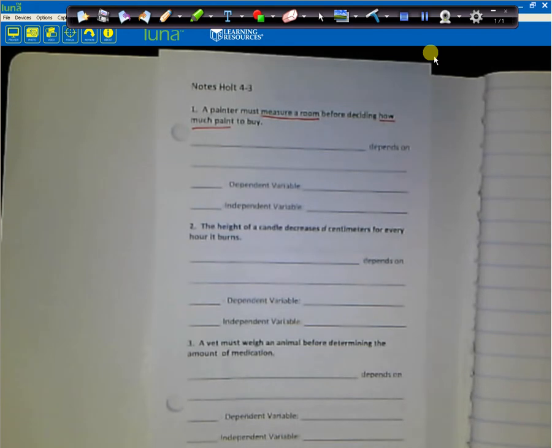Does the size of the room depend on the amount of paint he buys, or does the amount of paint he buys depend on the size of the room? The room is going to be the same size no matter what. So how much paint he buys doesn't have any effect on that.